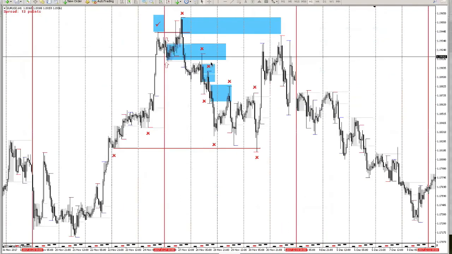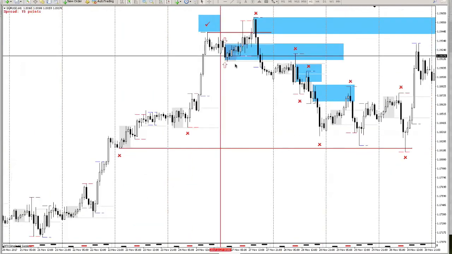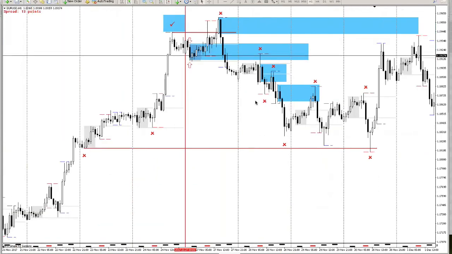So here we have on this day, it's Monday, then we've got Tuesday, and here, guys, we've got accumulation in Asia, manipulation in London, and distribution throughout the day into a breaker. This is an amazing setup, guys, because you've got everything lining up for you, like here, and then you run stops below here.